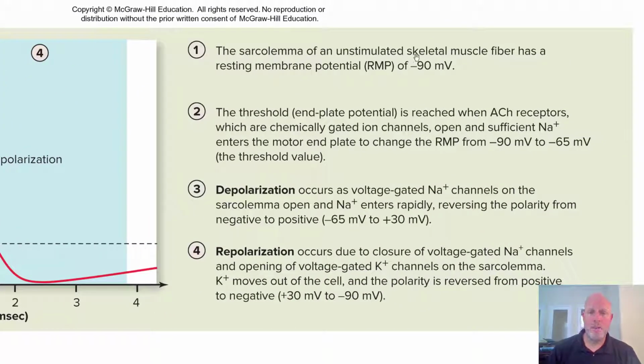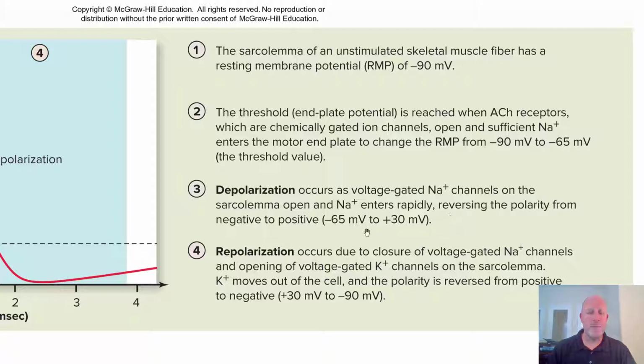That said, the sarcolemma of the unstimulated skeletal muscle fiber has a resting membrane potential, the RMP, of negative 90. The threshold, or end plate potential, is reached when those acetylcholine receptors, the chemically gated ion channels, open, and sufficient sodium enters the motor end plate to change the resting membrane potential from negative 90 to negative 65. That's the threshold value we're looking for. Then depolarization occurs at negative 65 as the voltage-gated sodium channels on the sarcolemma open up and sodium enters rapidly.